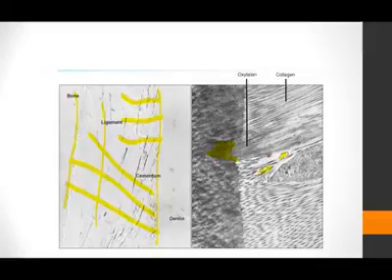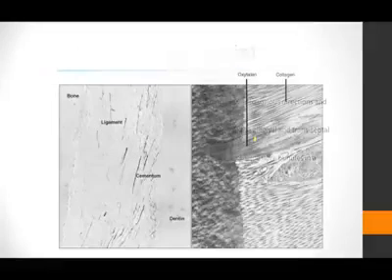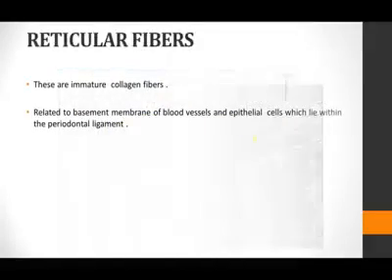These that I'm highlighting are vessels and nerves. They are present closer to the vessels and the nerves because these oxytalan fibers, as they are elastic in nature, respond to the tensional forces, and they help regulate the vascular flow in relation to the function of the tooth. That was all about the oxytalan fibers.